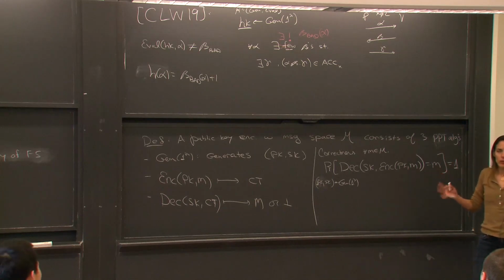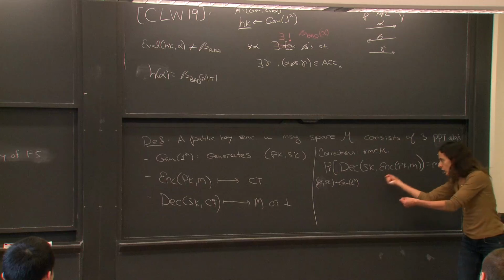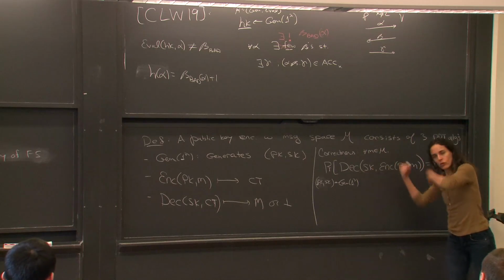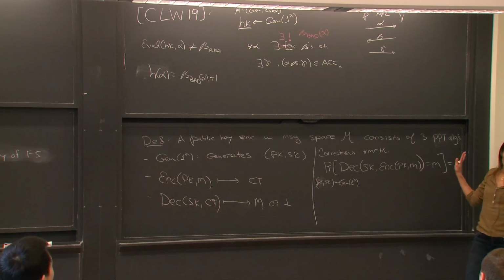That's just correctness. What do you expect? If you take a message, you encrypt it, and then you decrypt it, you should get the message back.